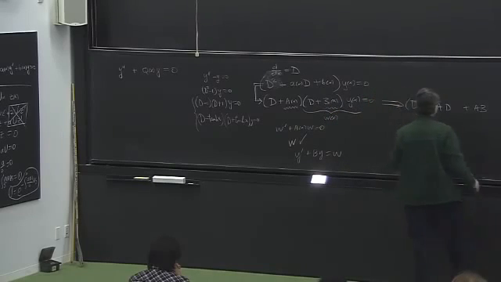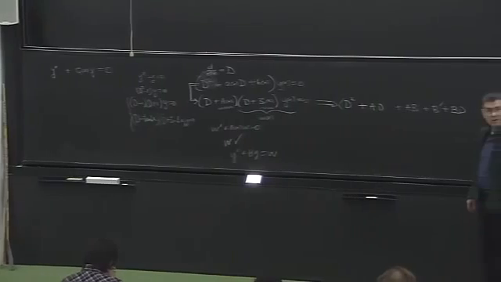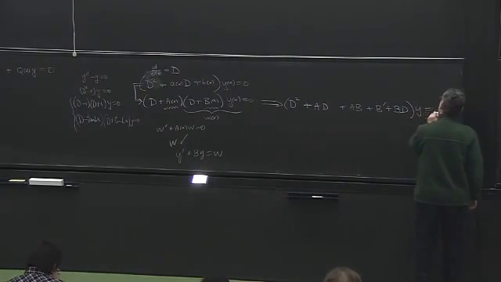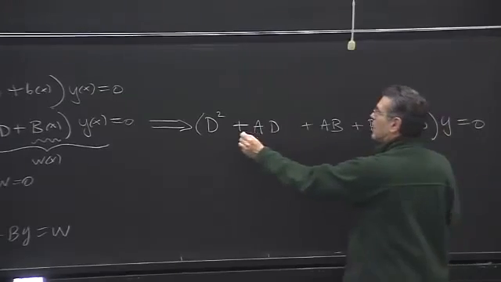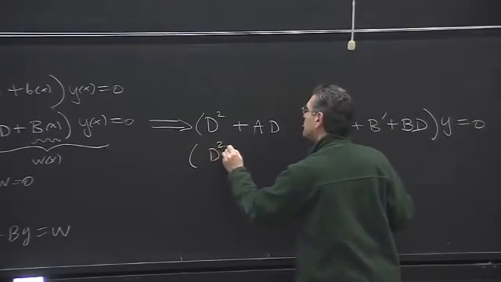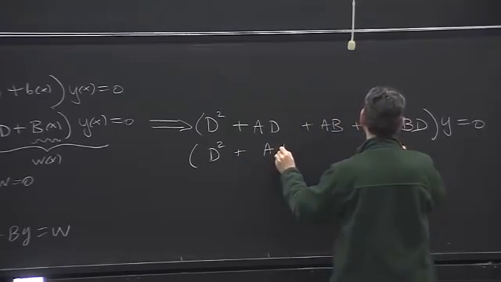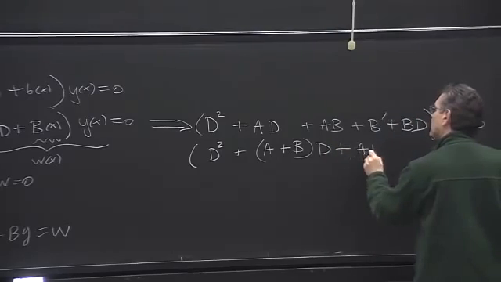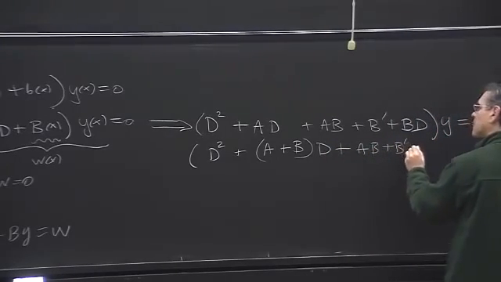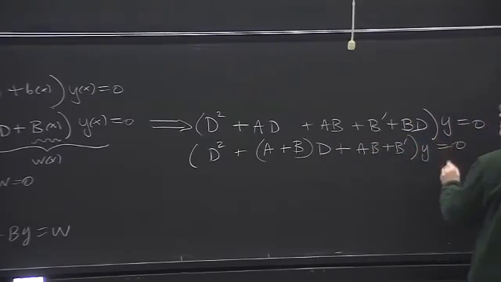So I get two terms. I get b prime, or I get bd. Do you all agree? And that is acting on y, and it gives me 0. Okay, great. So if I rewrite this, this has the form d squared plus a plus b d plus ab plus b prime, all multiplying y is equal to 0.